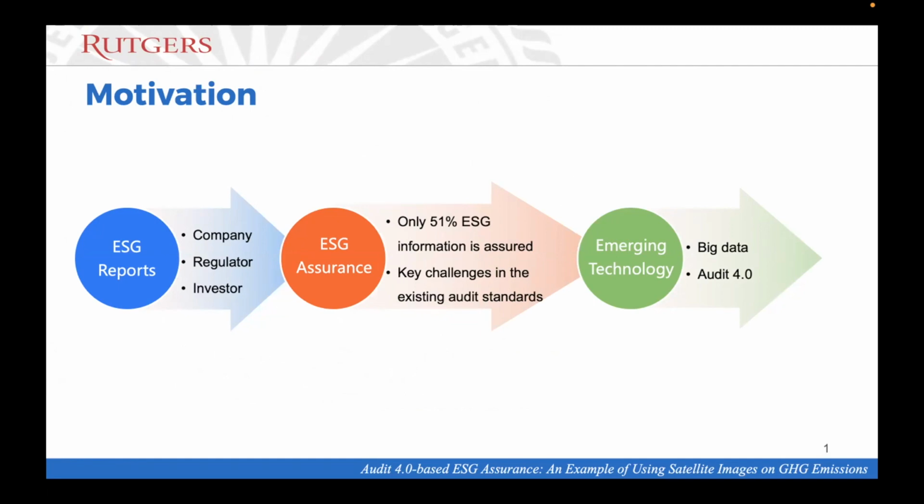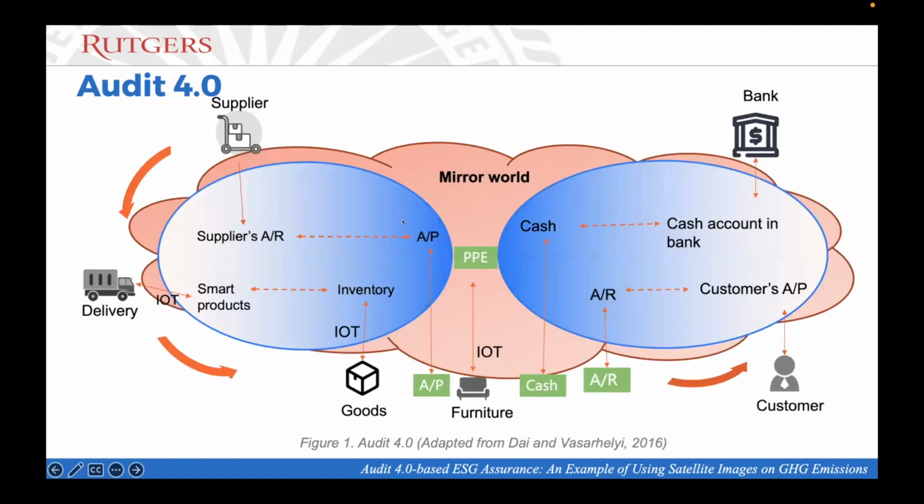Big data, we are all familiar with. That is external data that can reduce the dependence on the company's internal data. Audit 4.0 is a concept proposed by Professor Dai and Professor Russell Haley, who are also co-authors of this paper.